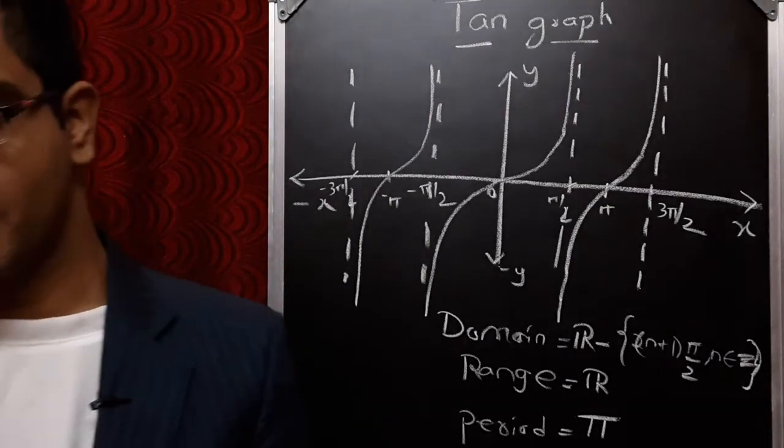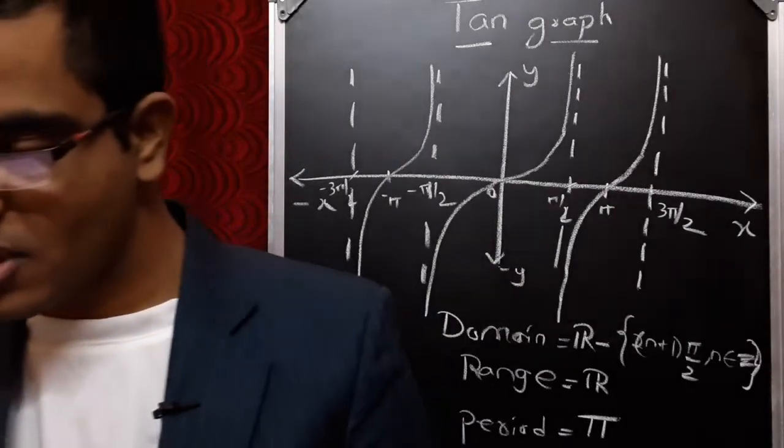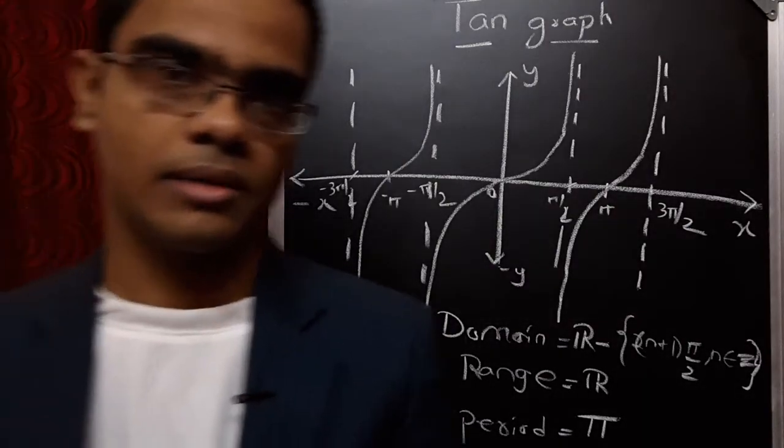So now let's see the remaining graphs, that is secant x, cosecant x, and cot x.